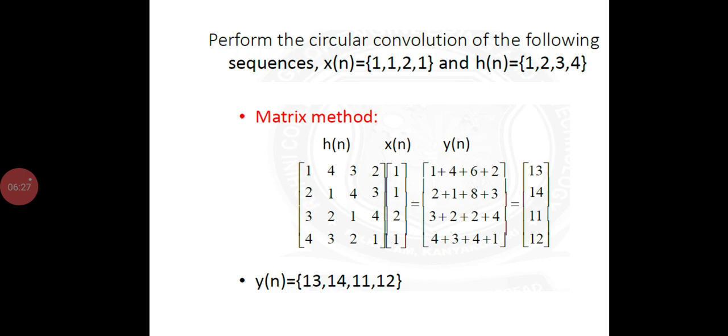It is rotated in such a way that the sequence is not the same at any instant in the first and last column. Then we write the values of x of n in the last column, multiply and add the sequences, and find the values. That's about circular convolution. Thank you.